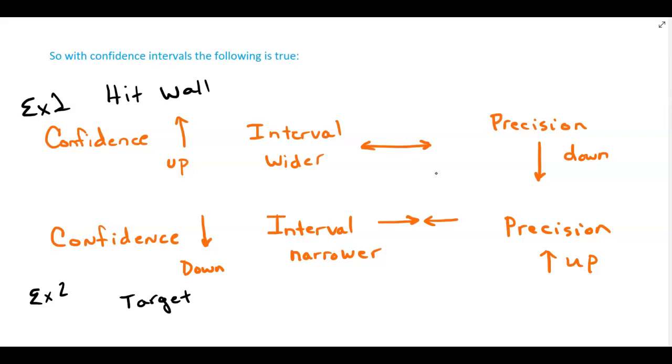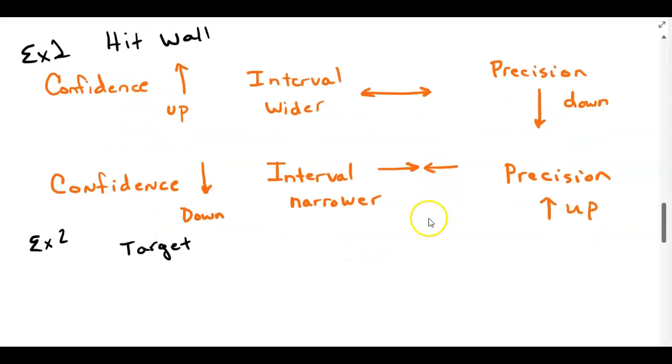This little chart is very important for us to realize when we talk about confidence intervals. Precision goes down when confidence goes up, and precision goes up when confidence goes down. So make sure you look at this table and get an idea of what's going on here.